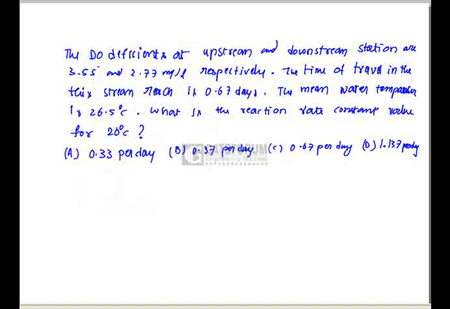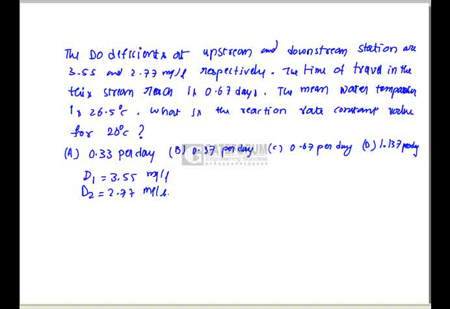The DO deficits at upstream and downstream stations were given. We can say D1 is the upstream DO deficit and D2 is the downstream, in milligrams per liter.